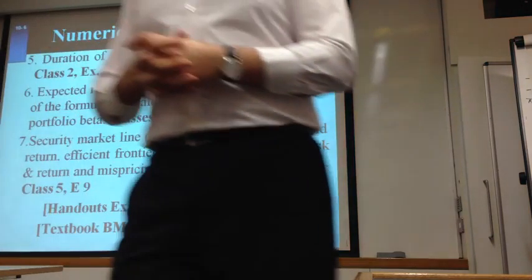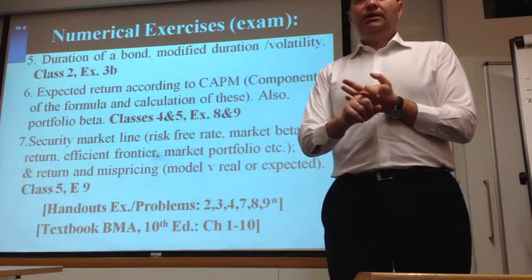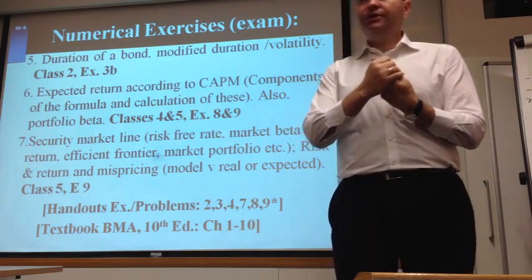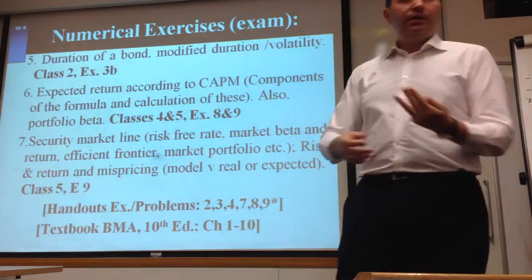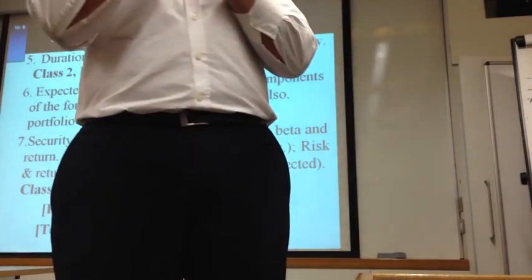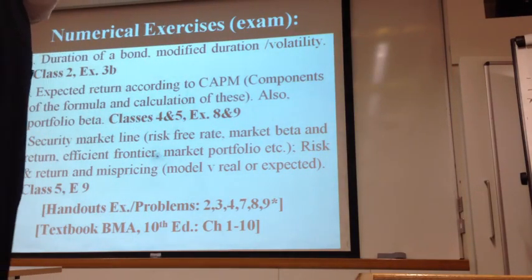And covering these areas, as we said: valuation of bonds, duration and term structure as one topic. The second area, valuation of shares and or businesses. And the third one, portfolio theory and or CAPM.